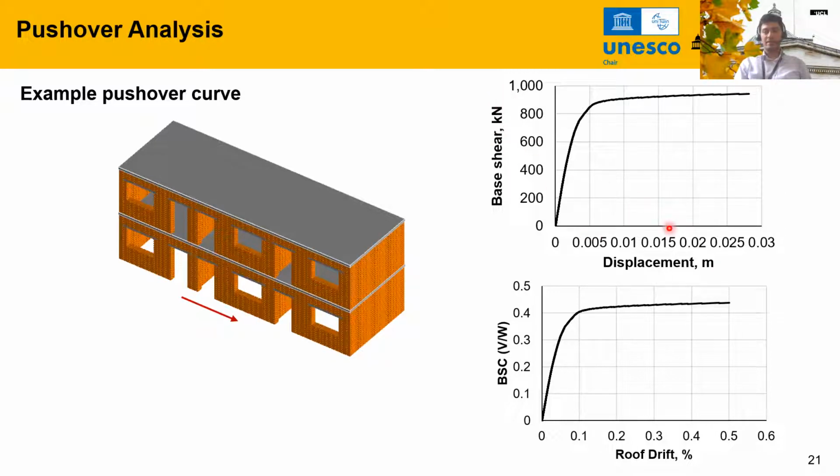This is in kilonewton and meter. But for our purpose of analysis and for general understanding and for comparing different buildings in terms of their Pushover curve, we want to make it relative.